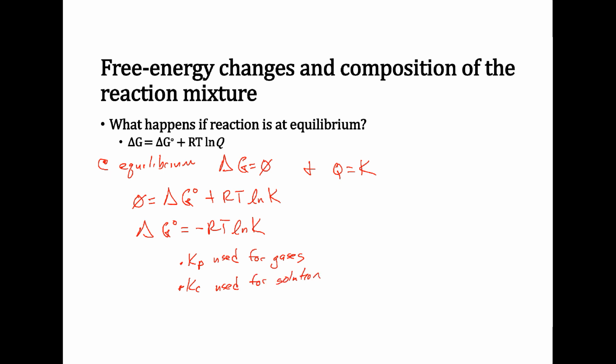So we can use this equation to determine from an equilibrium constant whether a reaction is spontaneous or non-spontaneous. And that's what we'll do in the next episode: try a few sample problems together.